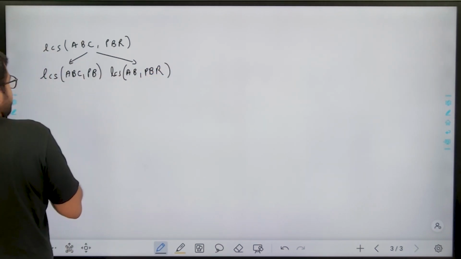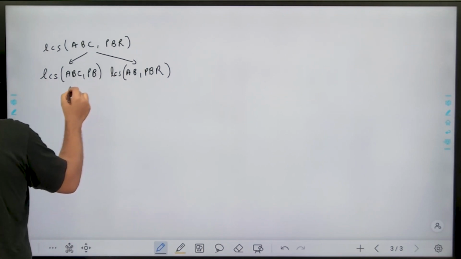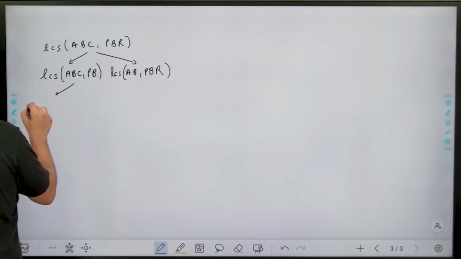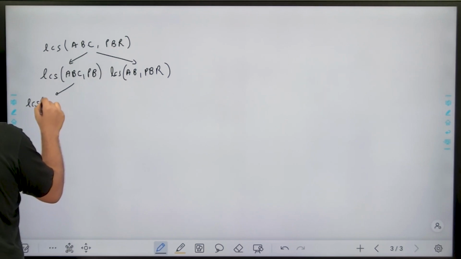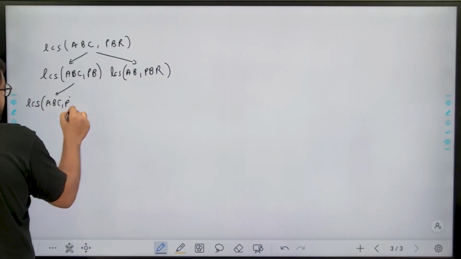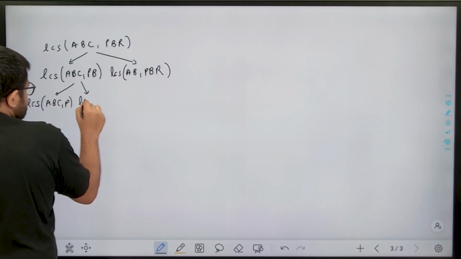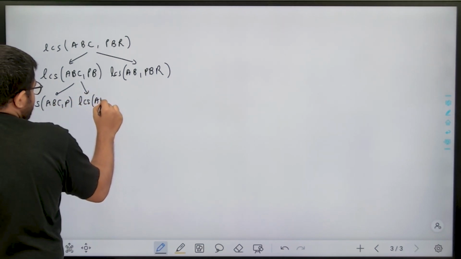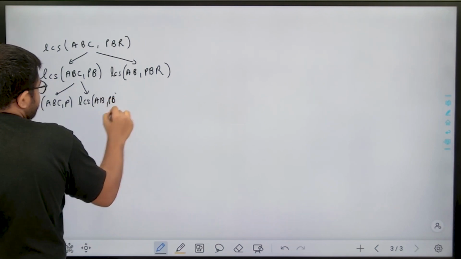It would be max of them. Then from here, since the last character do not match, I'll say the answer to this is nothing but max of longest common subsequence of A, B, C, comma P, or longest common subsequence of A, B, comma P, B.